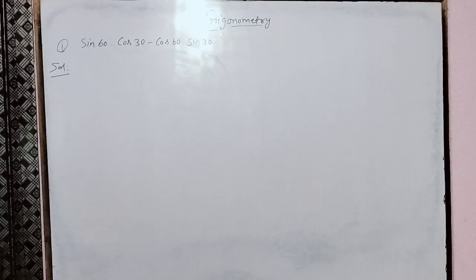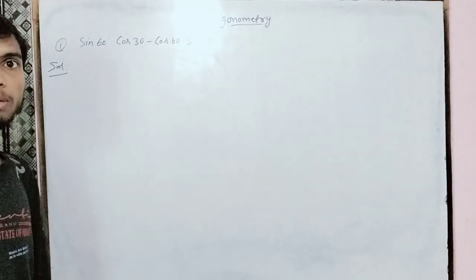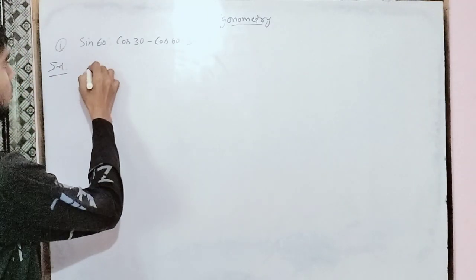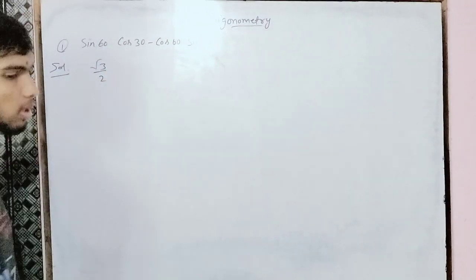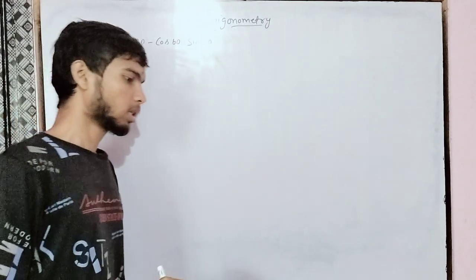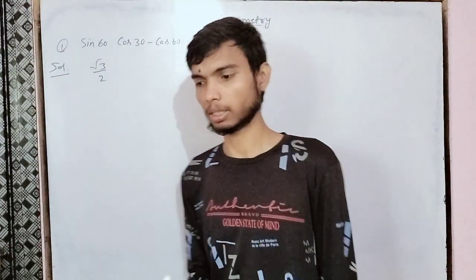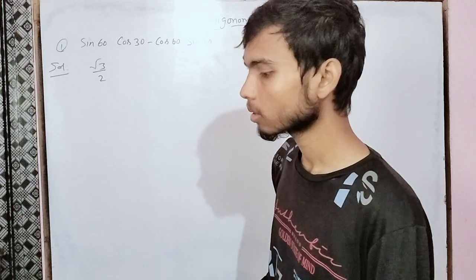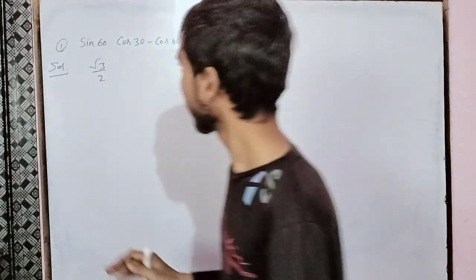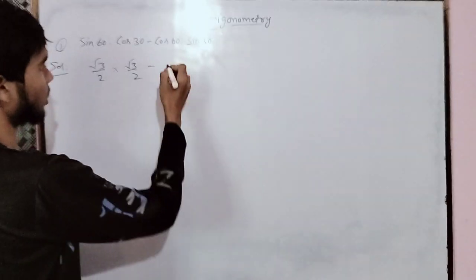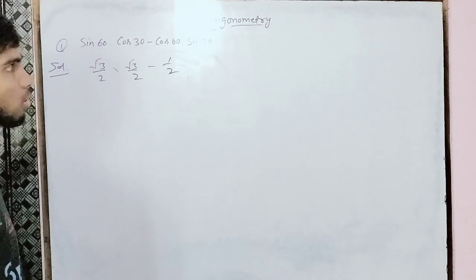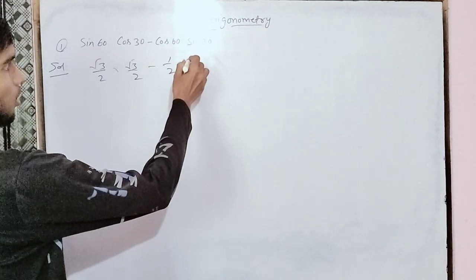So sine 60, as you know, is root 3 upon 2. Clear? Now here again root 3 upon 2. And this one should be 1 upon 2, 1 upon 2 again.